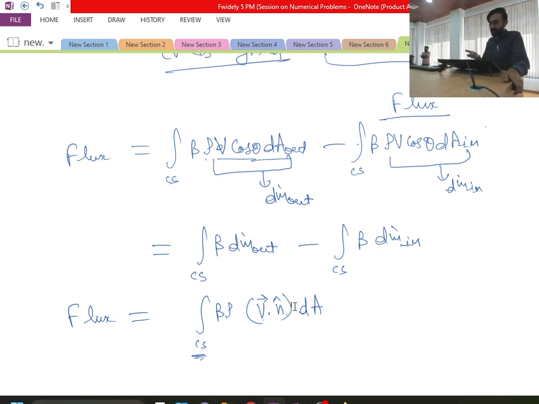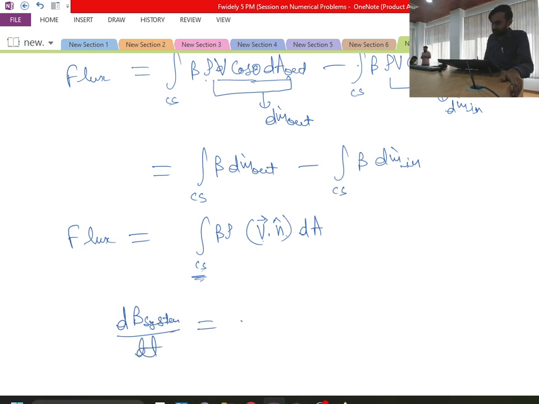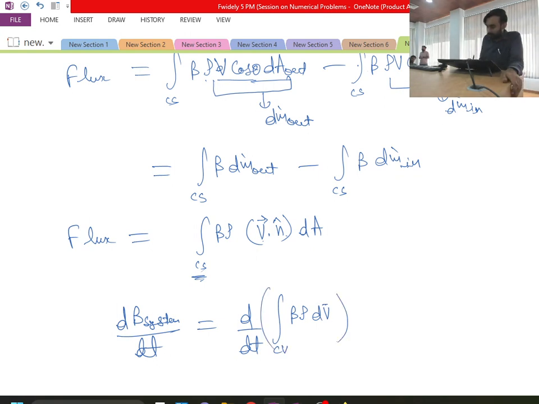So because of this, I can write this equation in a generic and more compact form as d by dt of the integral of beta rho dV over the control volume, plus the integral over the control surface of rho beta v vector dot n cap times dA. So this is another form.